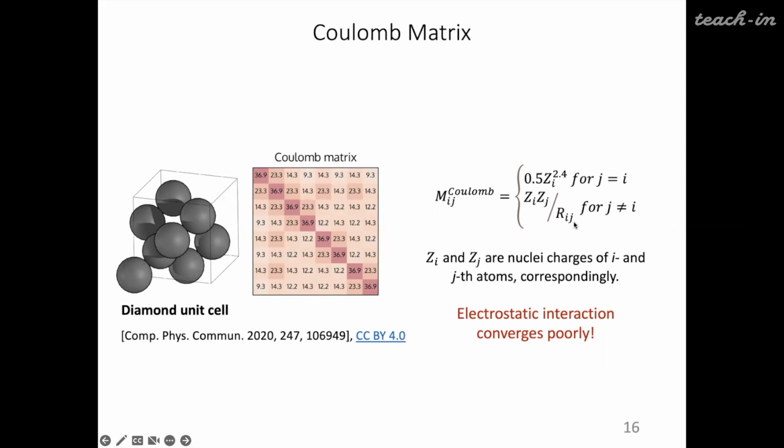So electrostatic interaction decays very slowly with the increase in interatomic separation. And in crystals, this can be a huge problem.